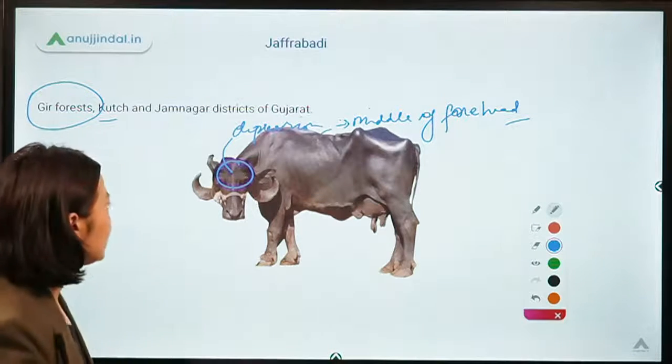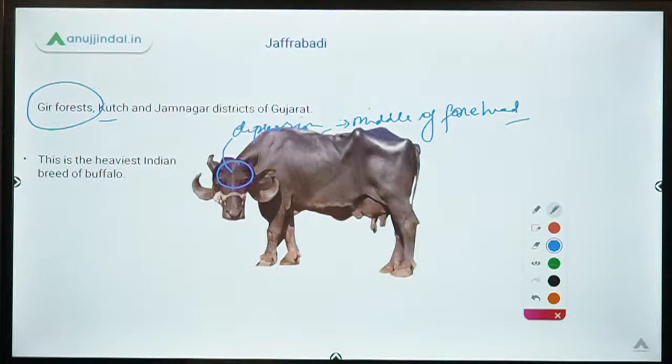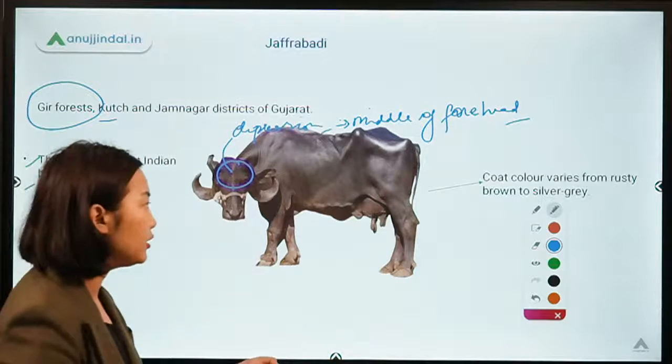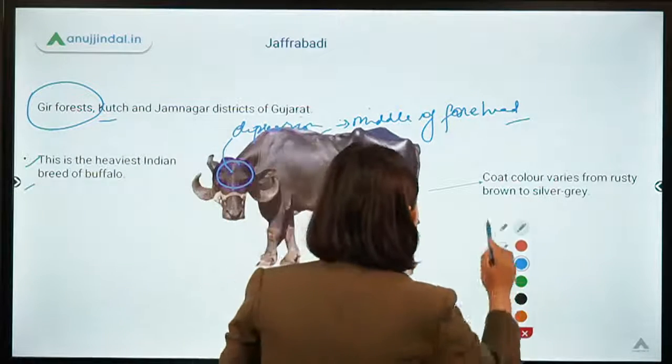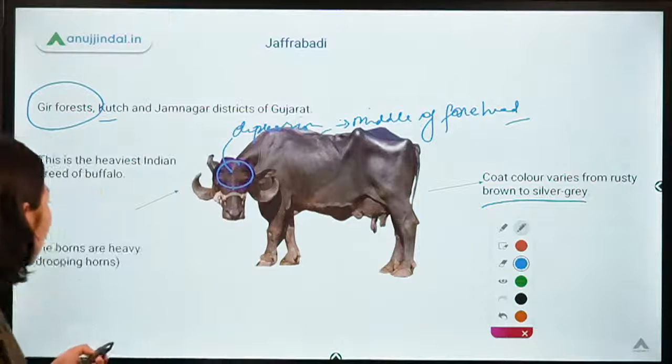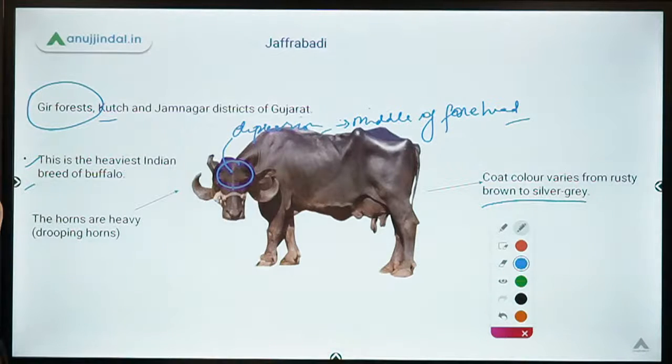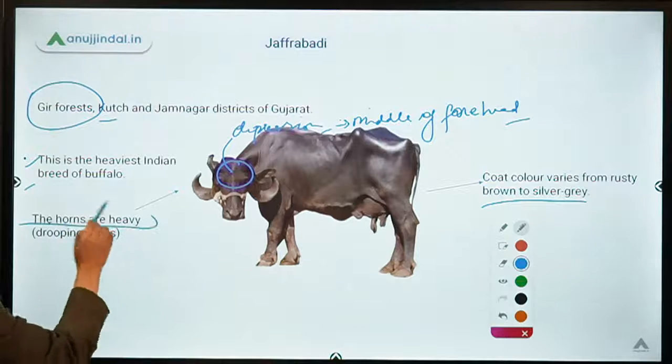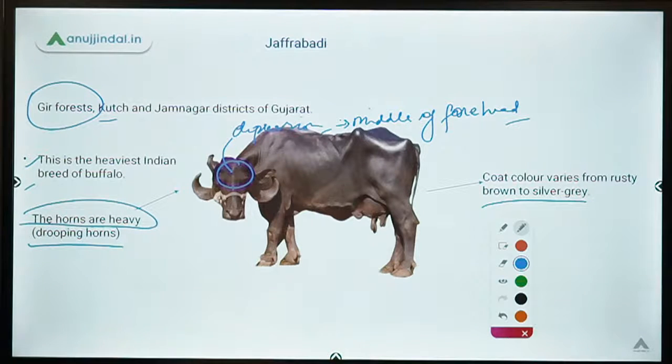Another point is that this is the heaviest Indian breed of buffalo. The color varies from rusty brown to silver gray. When we're talking about the horns here, they have very heavy, drooping horns.